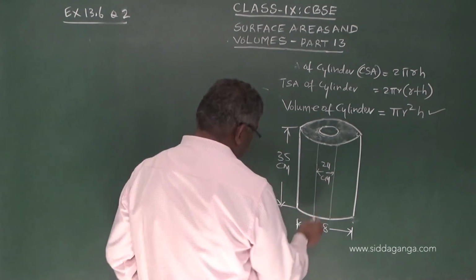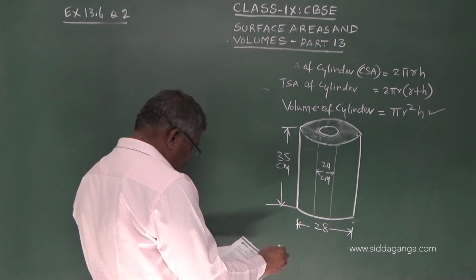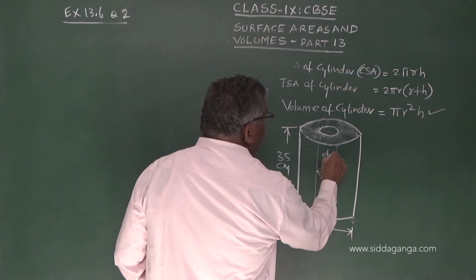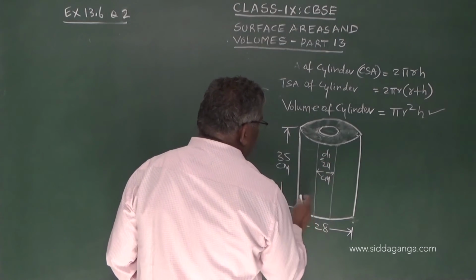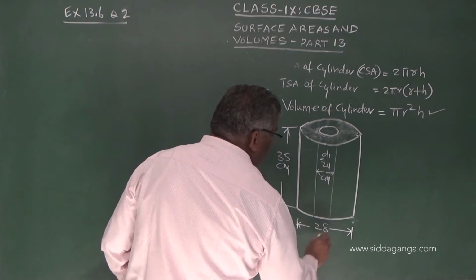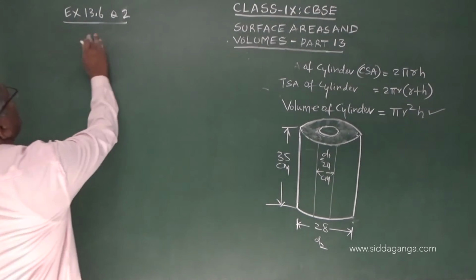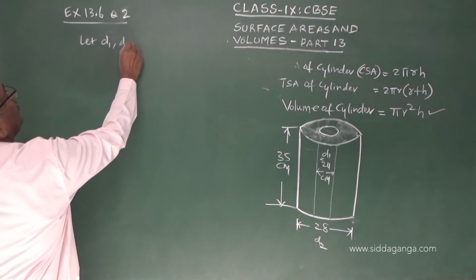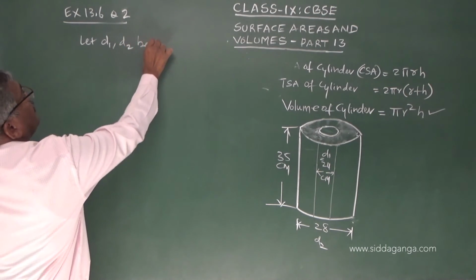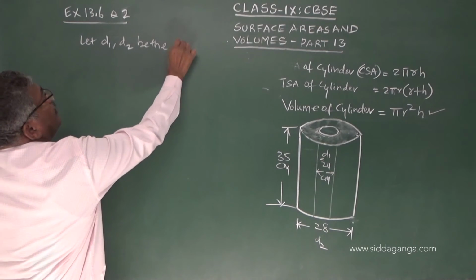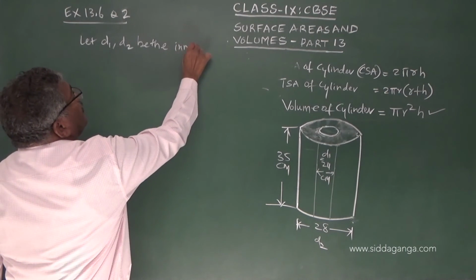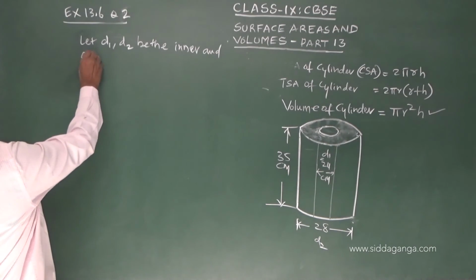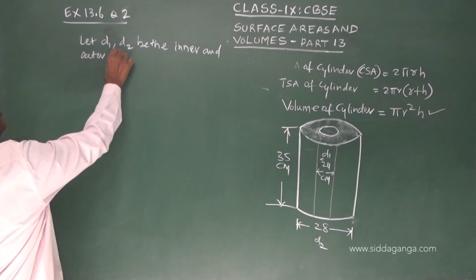So you can call this inner dia D1, let us say, and this is D2. Let D1, D2 be the inner and outer dia.